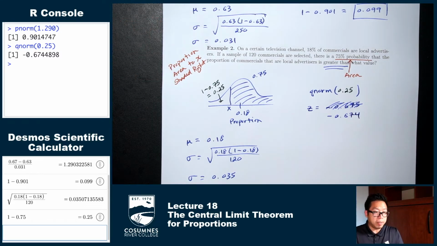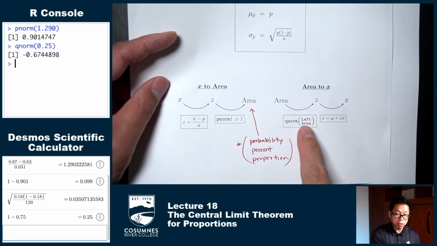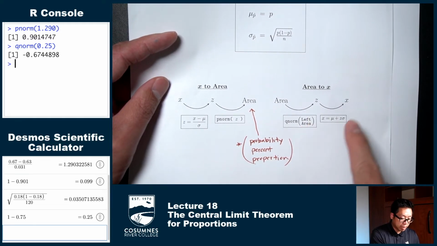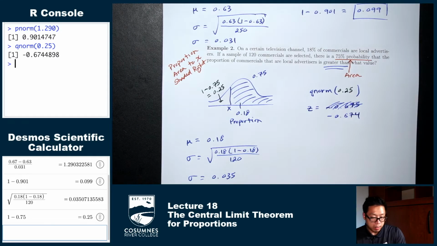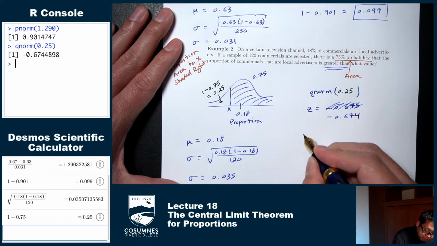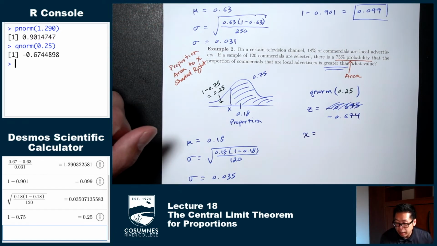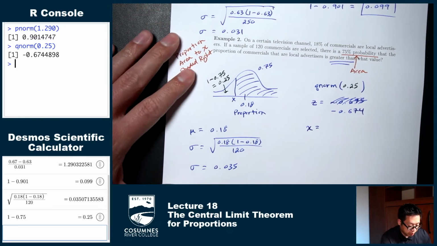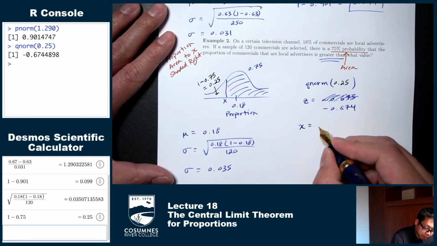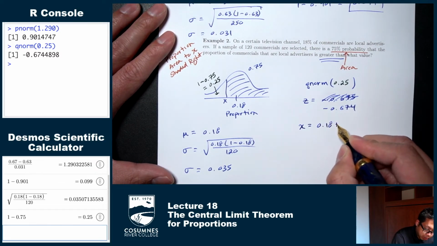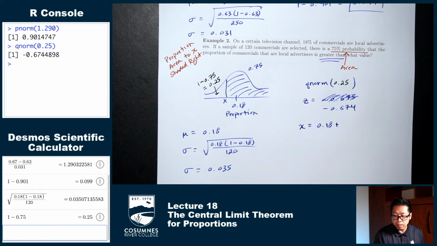Okay, we just did area to Z using Q norm. Last step, Z to X using the X formula. So X formula, X equals mu, that's the mean. Our mean we said was 0.18 plus Z times the standard deviation.